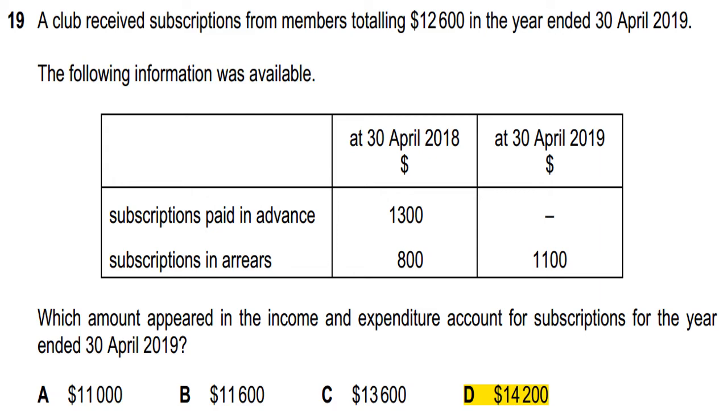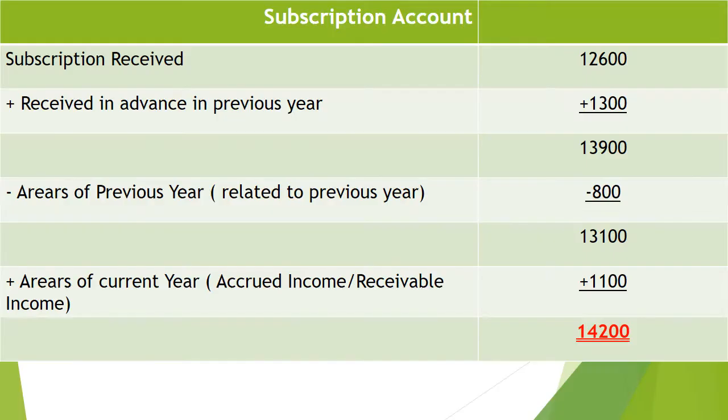And D option will be correct, that is 14,200. We will make the subscription account. This is subscription account, and the club received the subscription $12,600 and plus received in advance in previous year.